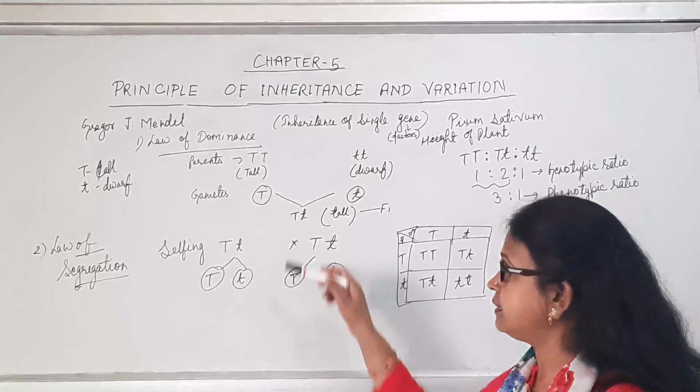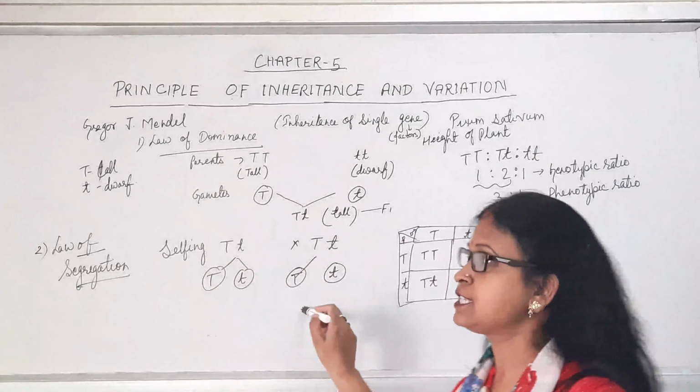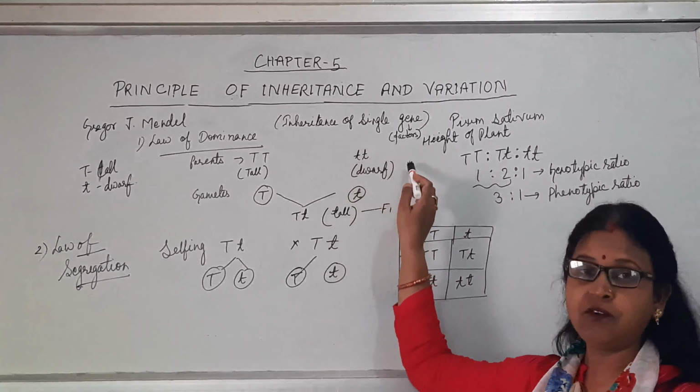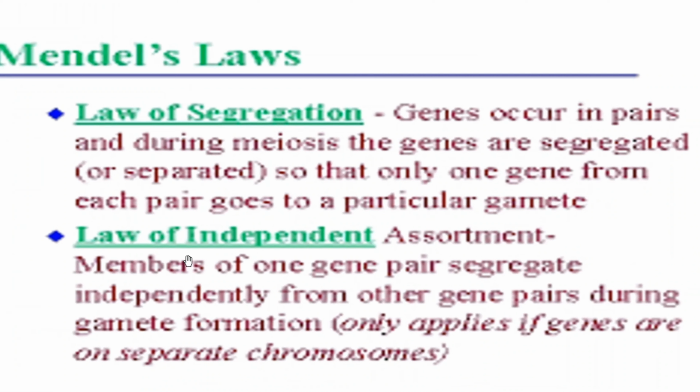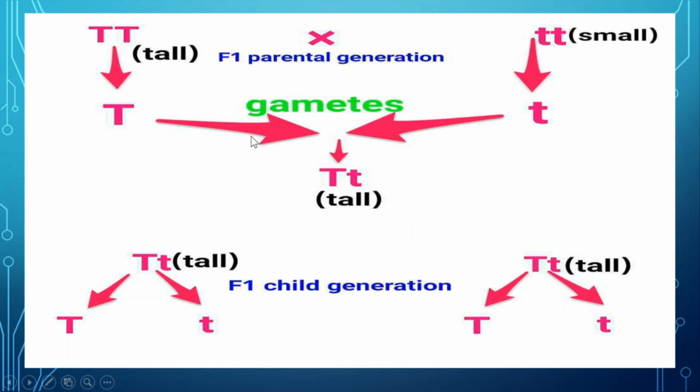Now we can see here that the law of dominance and the law of segregation can be explained through this inheritance of a single gene. Here you can see the law of segregation and the law of independent assortment, which is written in language form. In this figure we can see the first law, that is the law of dominance.